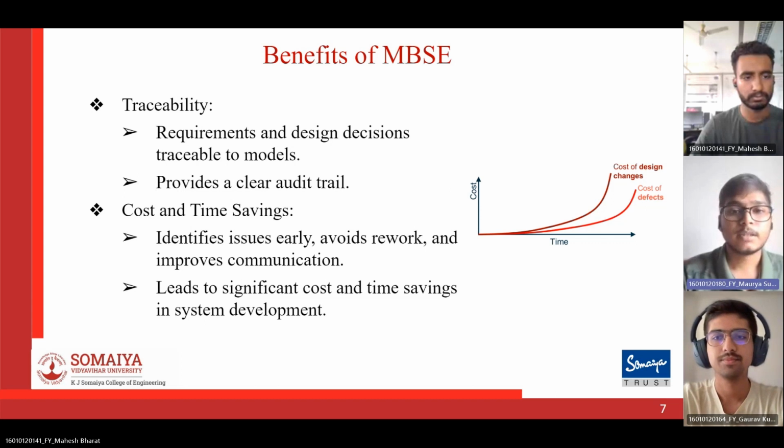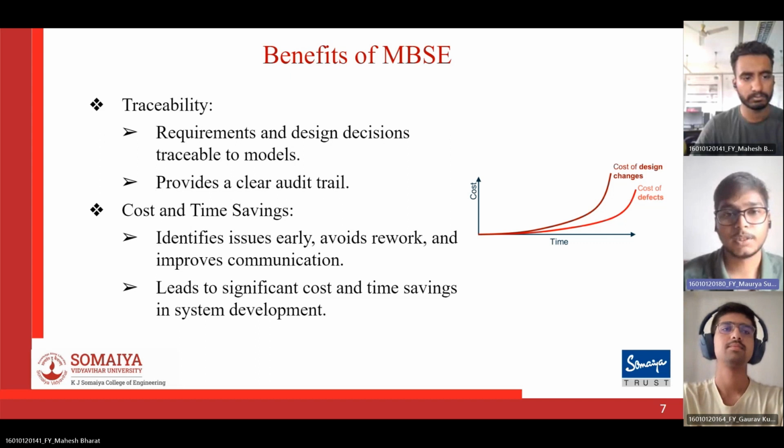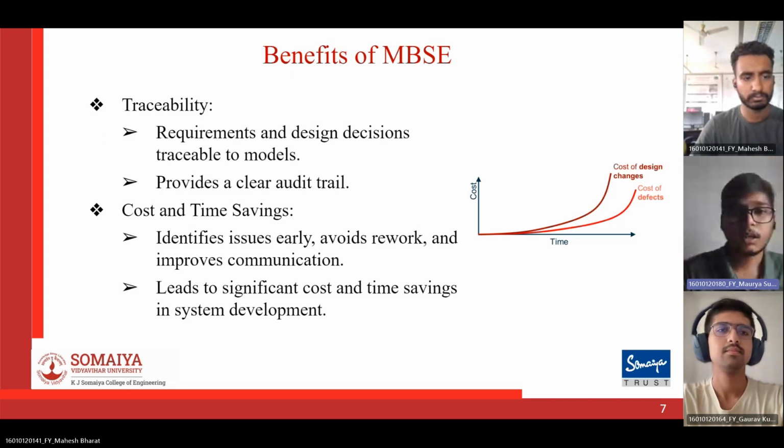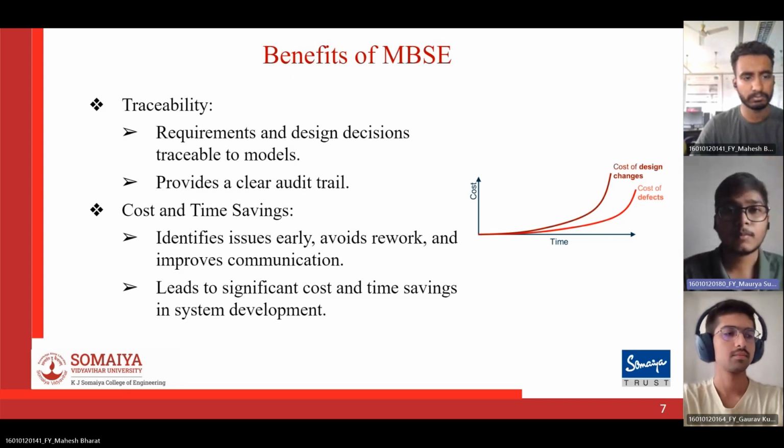Lastly, MBSE leads to significant cost and time savings. By identifying issues early, avoiding rework, and improving communication, it significantly reduces the overall time and cost required for system development. This is particularly relevant in software architecture, where minimizing the cost and time while delivering high quality software is always the top priority.